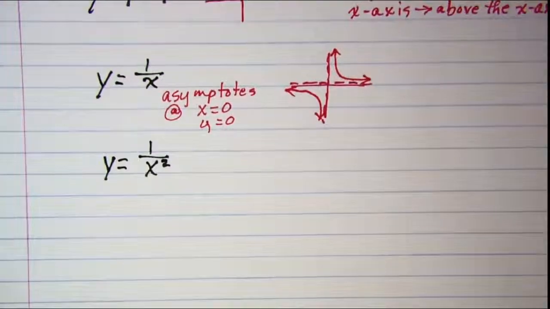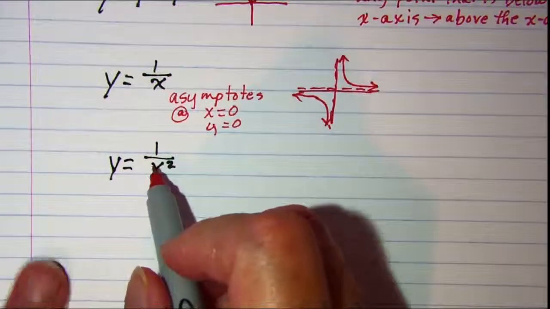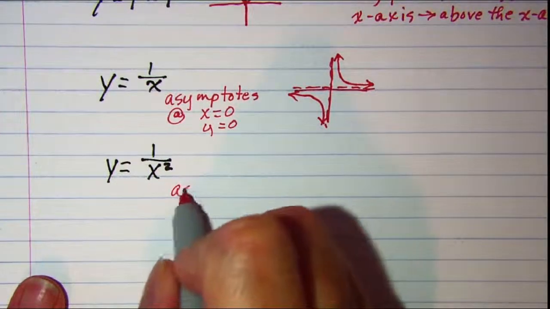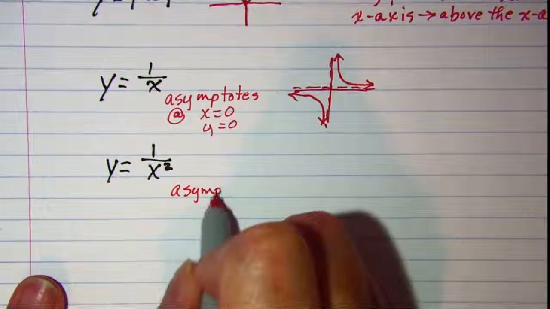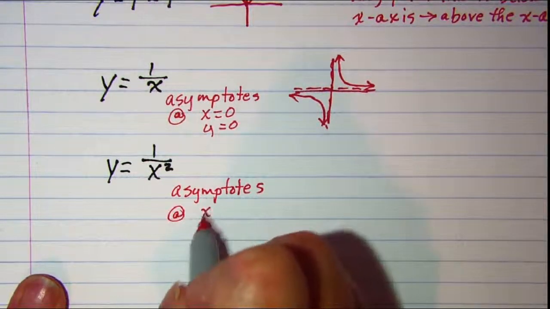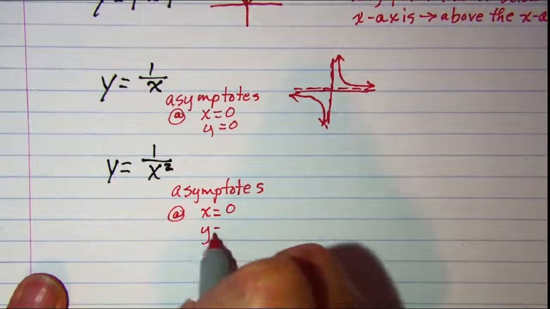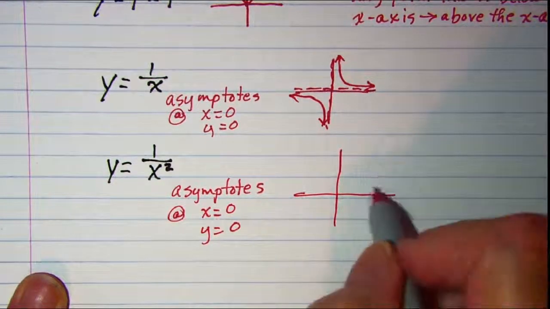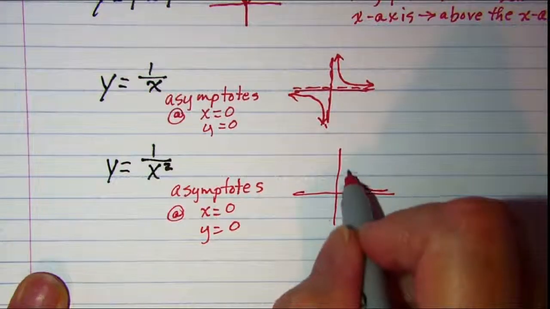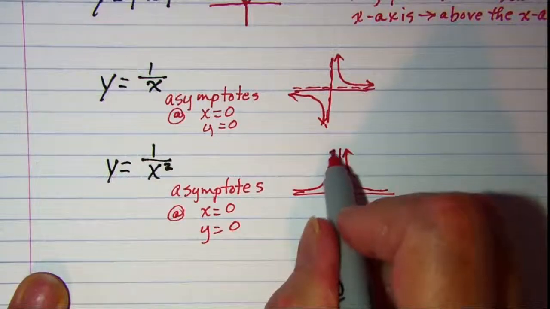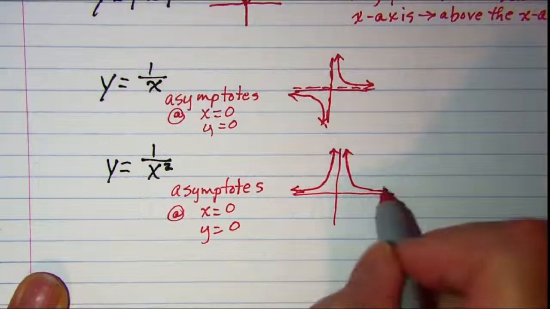And then y equals 1 over x squared also has asymptotes at x equals 0 and y equals 0, but this time the basic shape is like this, sort of like a volcano.